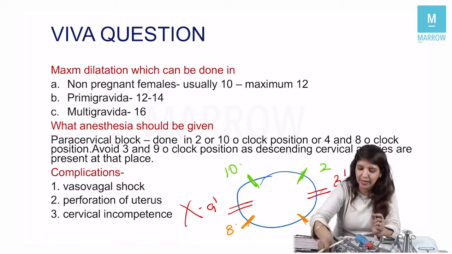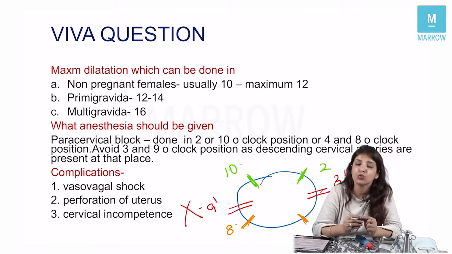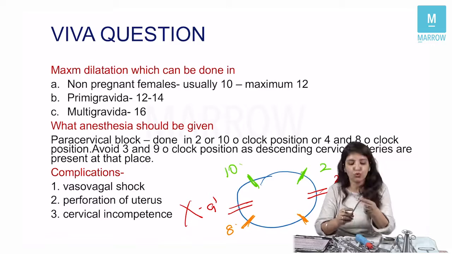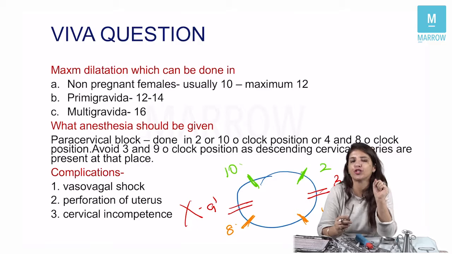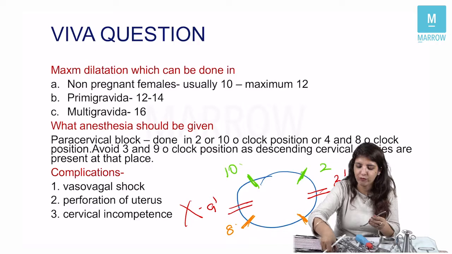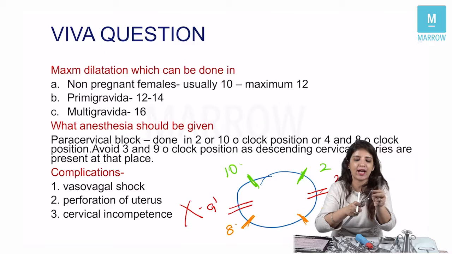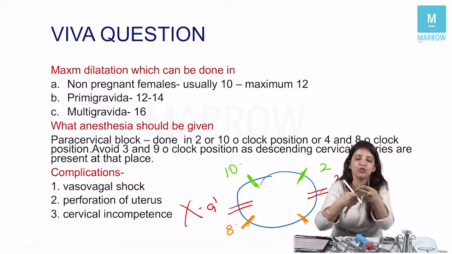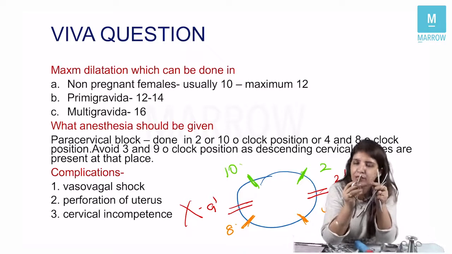Now, when you are dilating, what are the complications which can happen? Number one, due to pain, there can be vasovagal shock. Number two, it can lead to perforation of the uterus. If perforation happens with Hagar's dilators, you have to wait and watch the vitals of the patient. Remember, when you are dilating, you have to start from the thinnest one, the one with the smallest diameter, and gradually increase up to the maximum diameter.